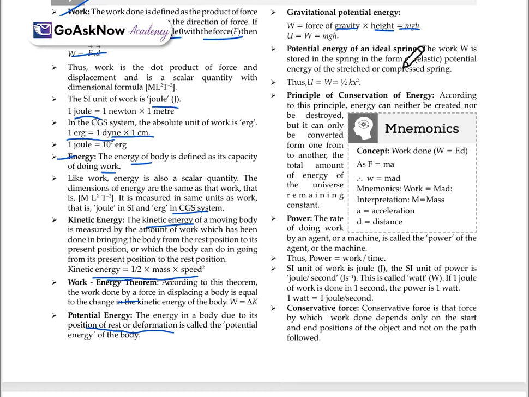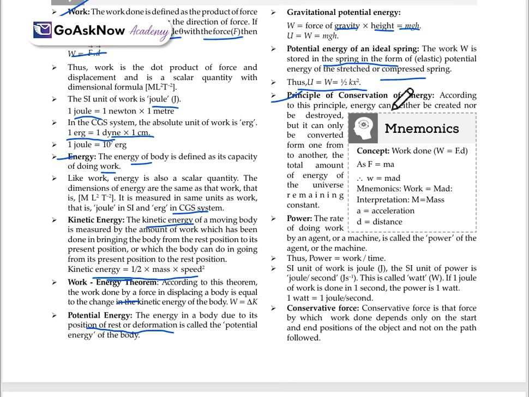Potential energy of an ideal spring: the work W is stored in the spring in the form of elastic potential energy, whether the spring is stretched or compressed. Thus U will be equal to W, which is half k x squared.